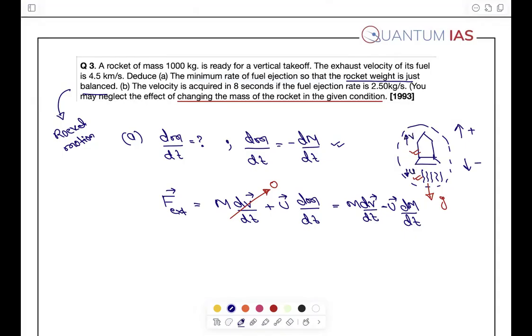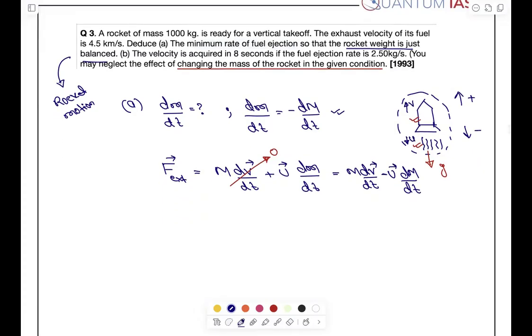The fuel's exhaust mass goes down and the rocket goes up. So we can use the sign convention: upward positive, downward negative. Obviously here the net external force is minus mg, and here u we can put as minus u, right? And dm by dt is what? Minus dm by dt. Or you can use simply this formula: minus u dm by dt. This formula we are using.